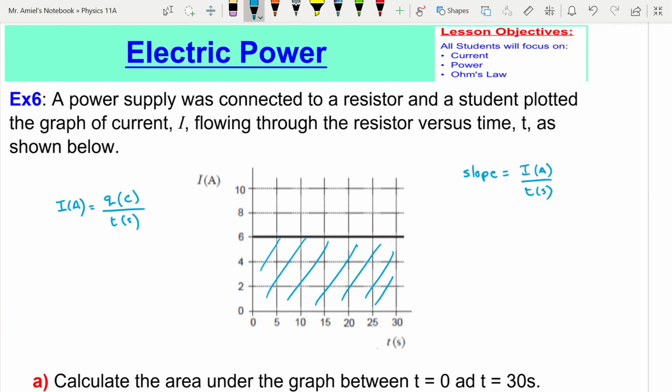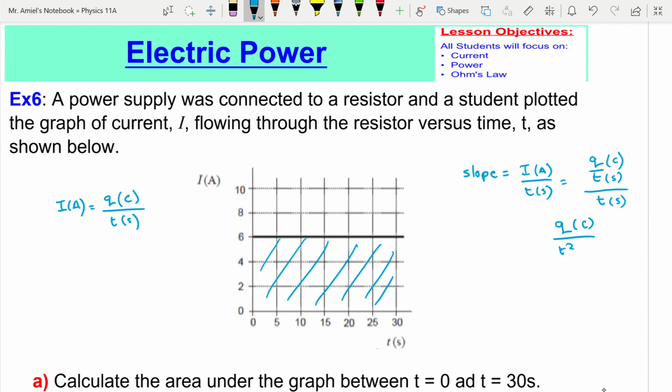We've got amps per second, and that's not something that's really noticeable to us right off the bat, even if we change it to our charge per time, coulombs per second, over top of time in seconds, we're going to invert and multiply, so it's going to give us coulombs per second squared.